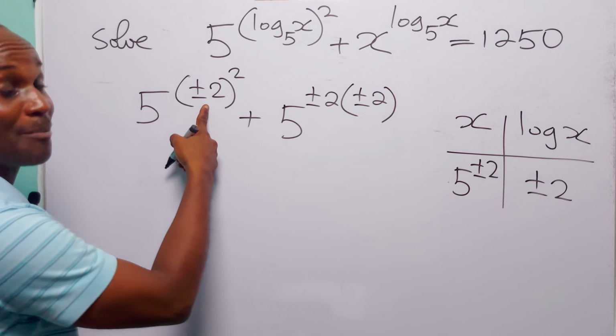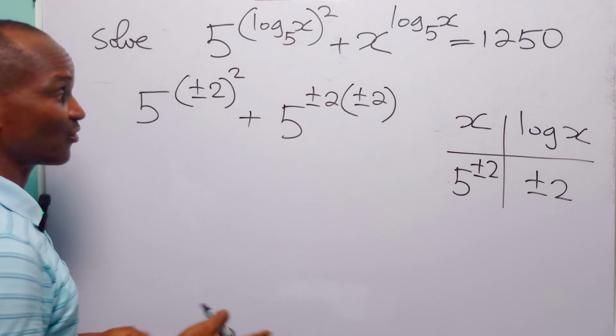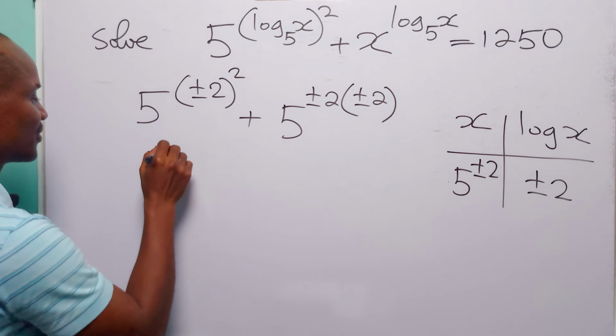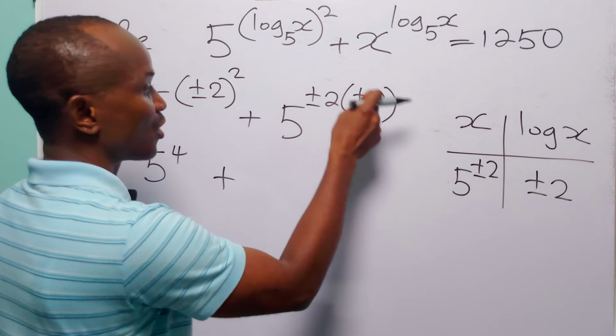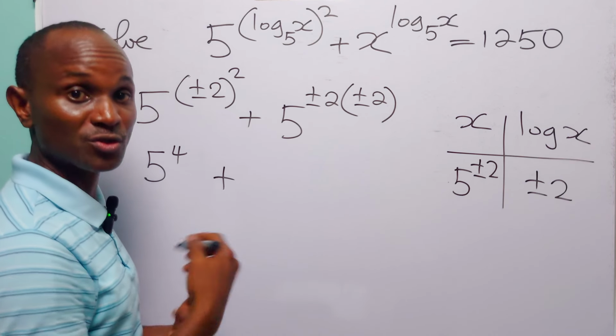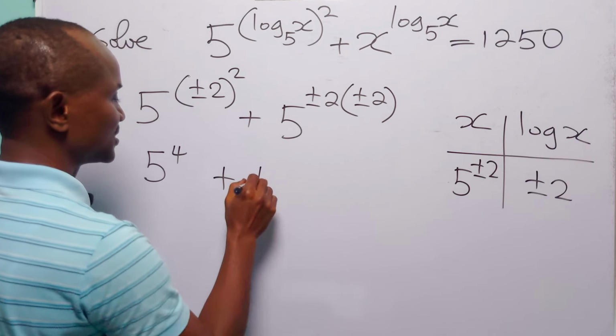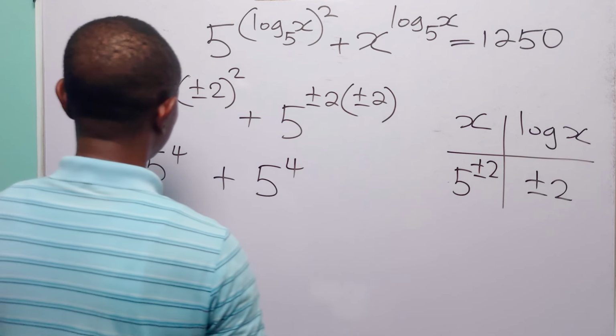Of course, plus or minus 2 squared is equal to 4. So we have 5 to the power 4 plus 5 to the power plus or minus 2 multiplied by plus or minus 2, which is equal to 4. So this is 5 to the power 4.